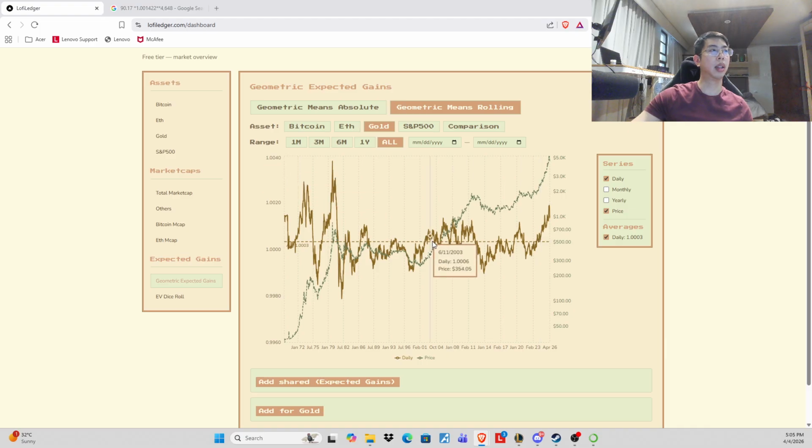But there have been periods where it's been extended for big periods of time. So for example, in this last period, it was extended from 2009 to 2012, so almost 3 years above this line.